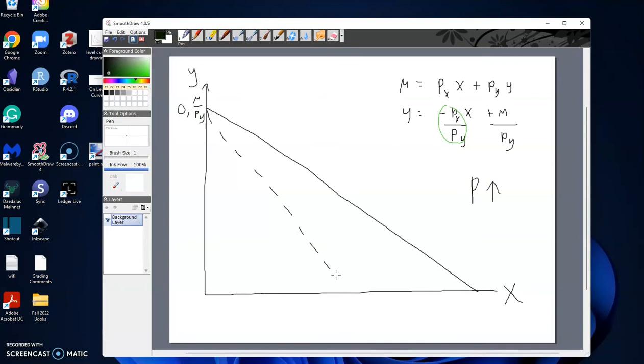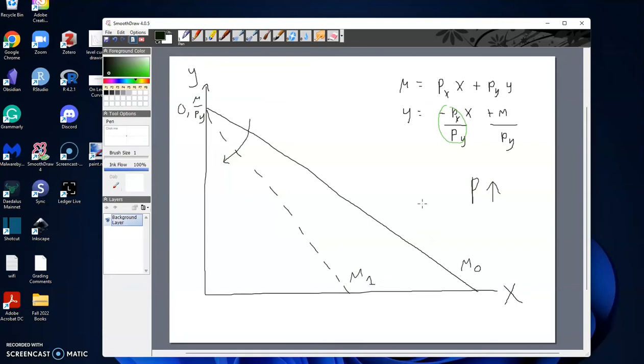The slope is going to get more negative. So this is a pivot from our original budget line to our new budget line. I'm going to call our original budget line M0 and our new budget line M1.